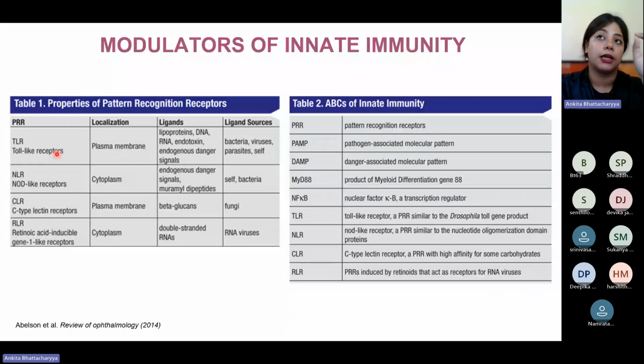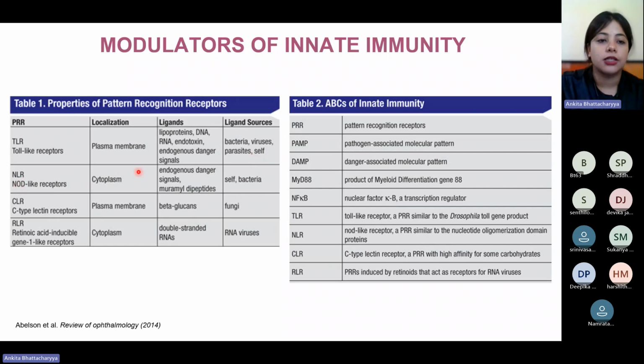So depending upon the type of pathogen that has come in, the type of surface antigen that it carries, a different TLR would be able to bind to it and trigger an immune response in a different manner. Toll-like receptors are localized in the plasma membrane. Their ligands are lipoproteins, DNA, RNA, endotoxin, or endogenous danger signals. The source of the ligand would be either bacteria, viruses, parasites, or it can be a cell also.